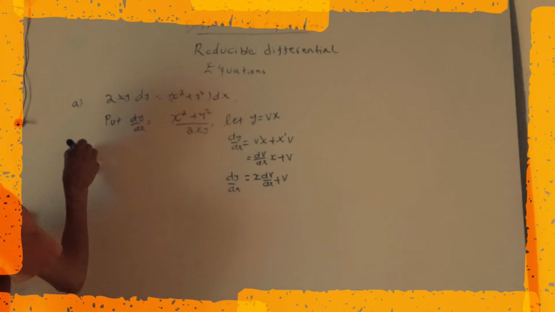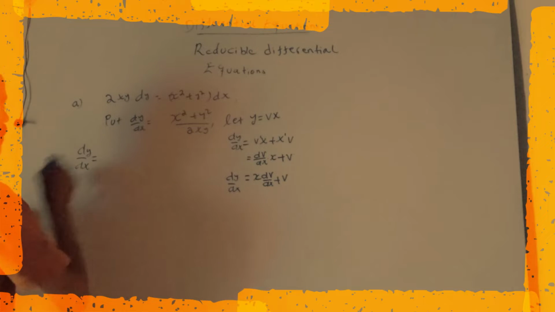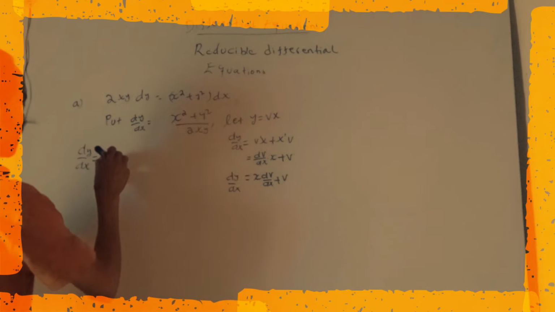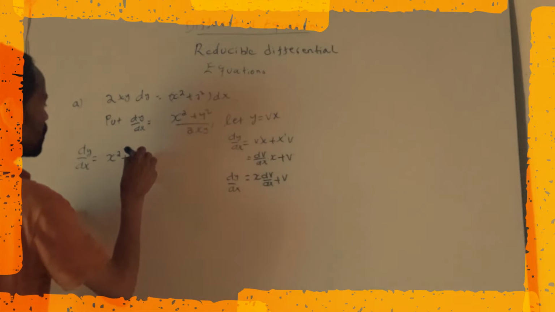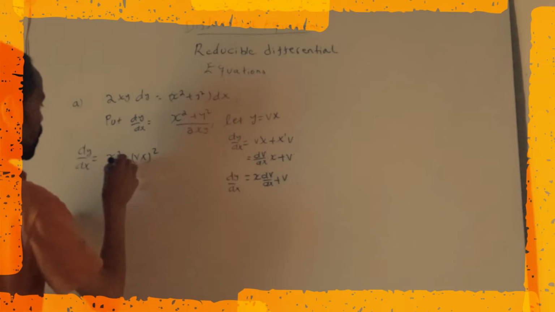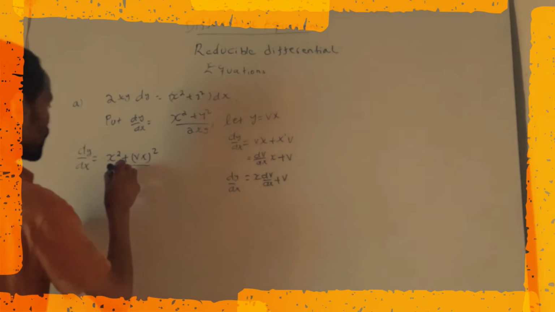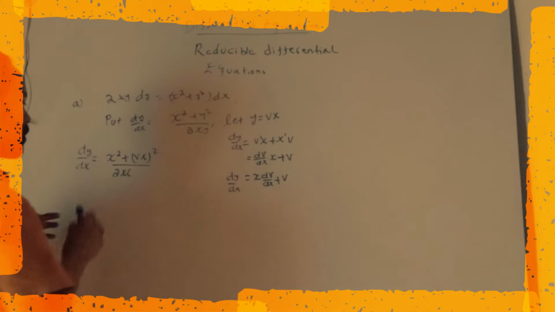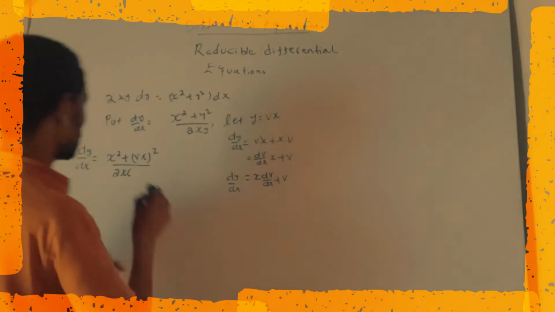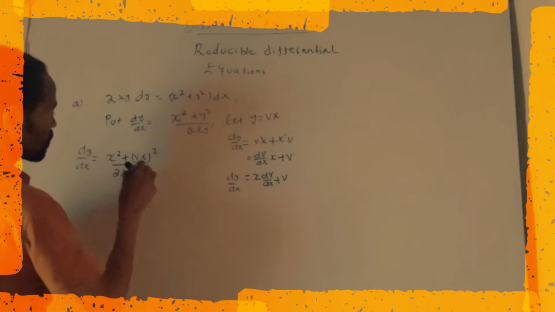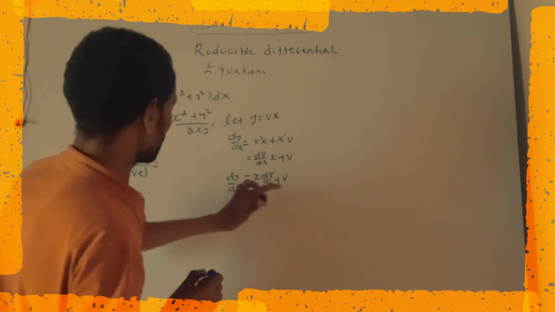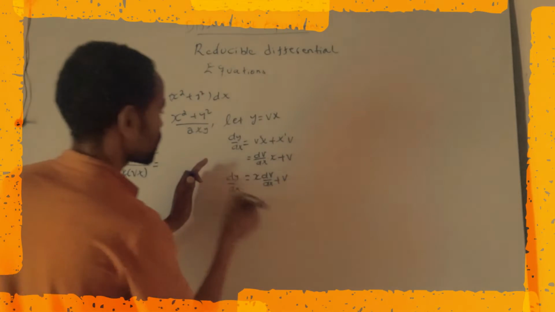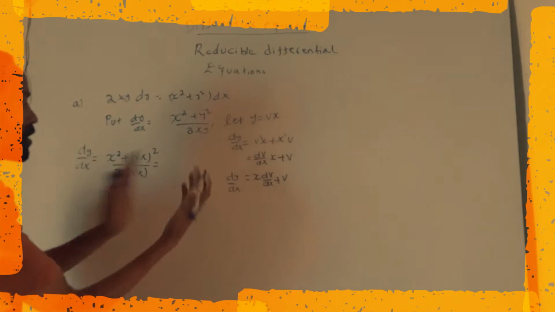So take these two: dy by dx equals x squared plus y squared over 2xy, with y as vx. This expression is equal to the other expression, therefore combine these two.